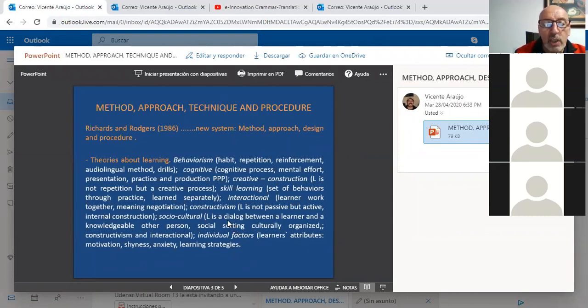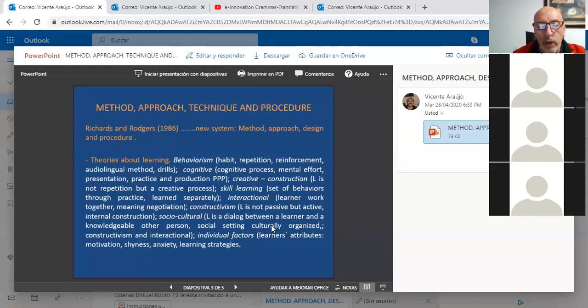So language learning is a dialogue between a learner and a knowledgeable other person in a social setting, which is organized. This social setting is organized around culture.